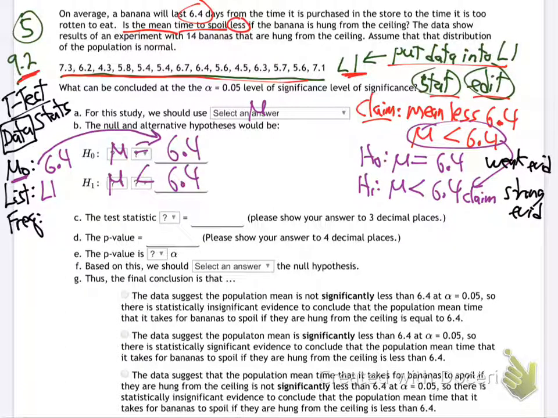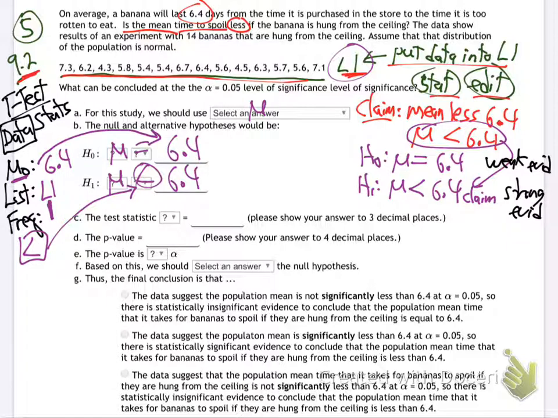We put the data in L1. And frequency, we just always leave that at 1. That just means every number in the list only occurs one time. Now it's going to ask you greater than, less than. So you choose less than, because that's always taken from H1.